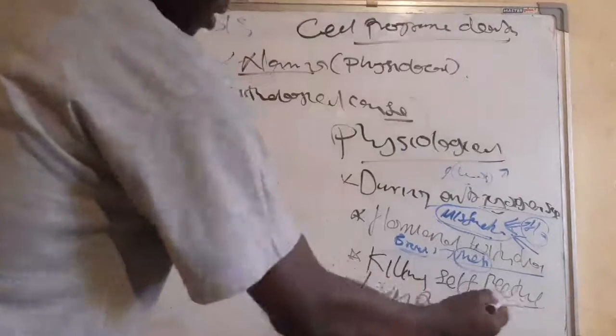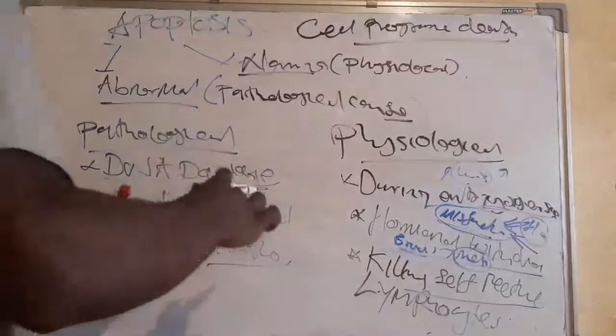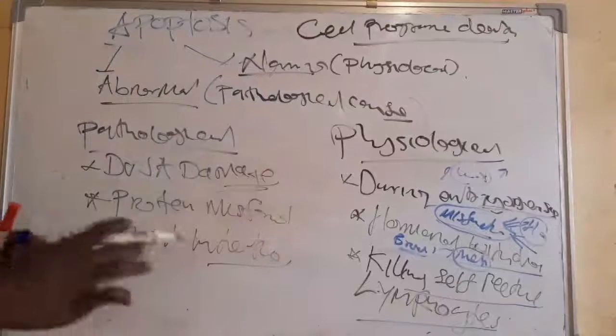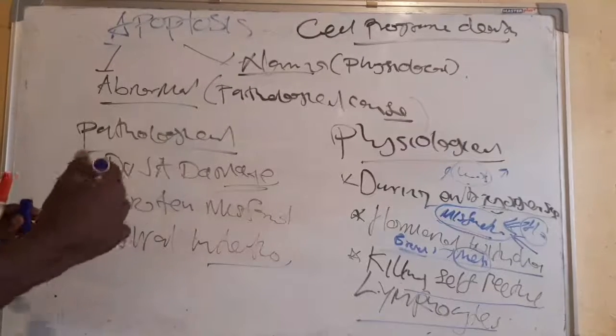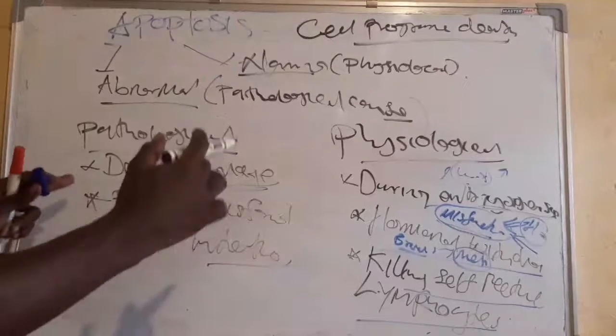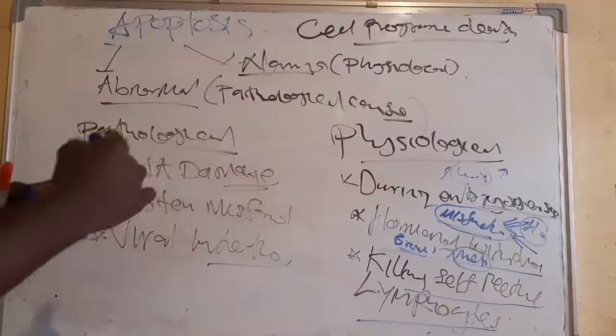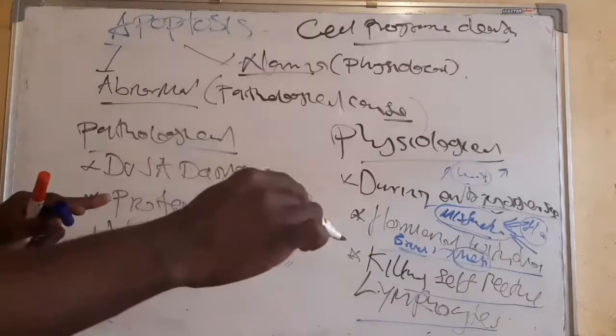The other one is the killing of self-reactive lymphocytes. This happens during thymic education, where the lymphocytes are tested to see their function. Is it able to recognize the foreign cell?